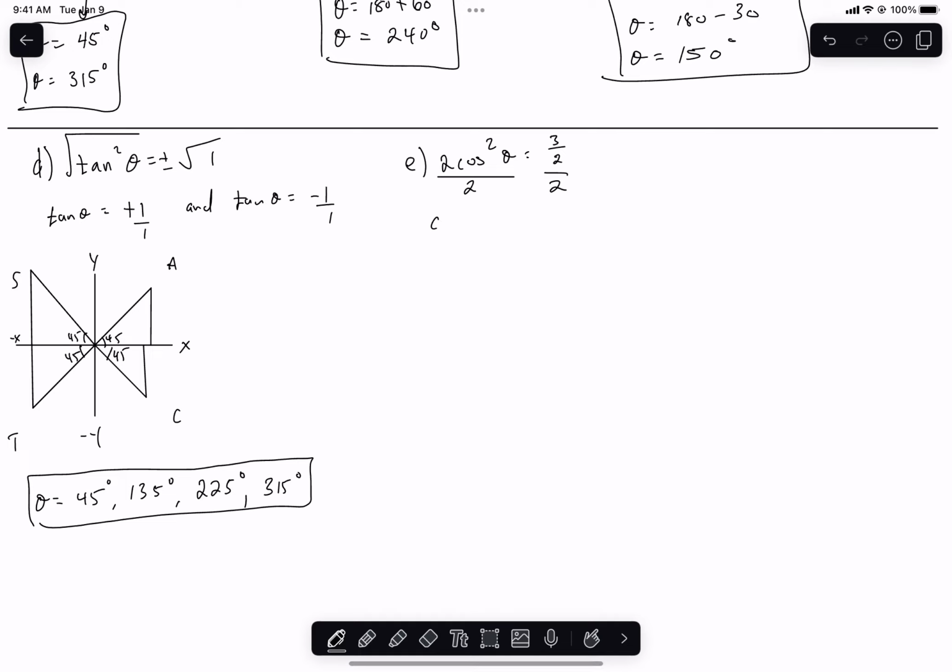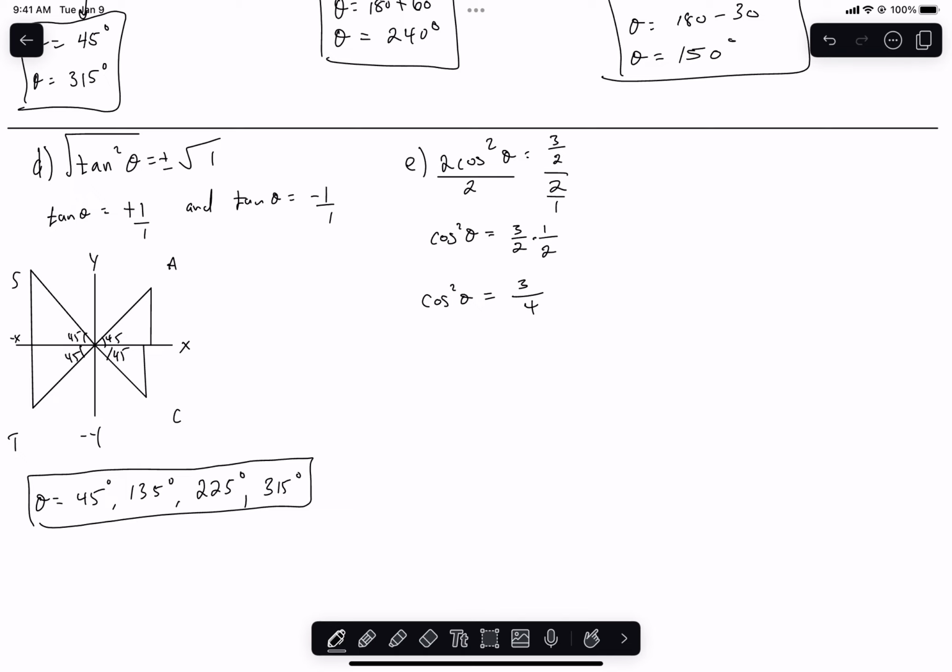And I'm going to get cos squared theta is going to equal, now you've got fractions inside of fractions, right? So when I take 3/2 and I divide it by 2 again, I'm going to get 3 over 2 multiplied by 1/2. Sorry, it's a little tight, I'll move that. And then subsequently I get cos squared theta is going to equal 3 by 4.